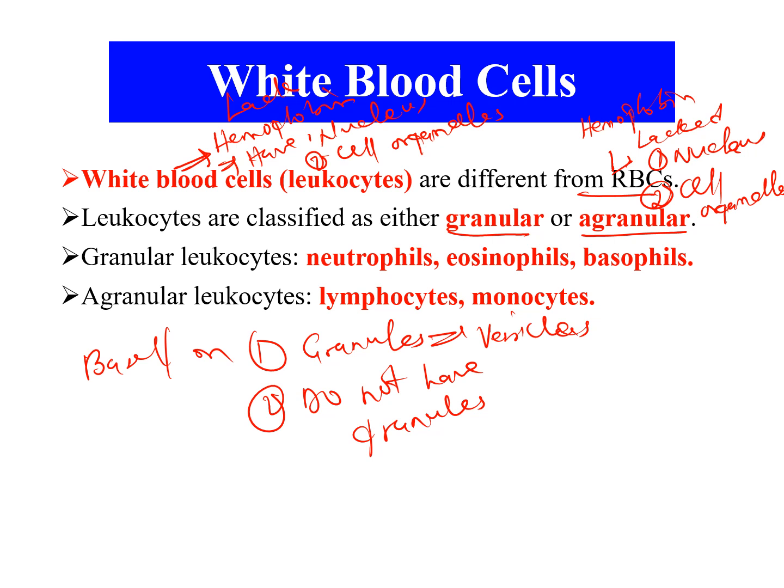For example, these granules can have enzymes, and chemical mediators such as histamine and so on. So if a white blood cell has these vesicles, it is known as granular or a granulocyte. If they don't have these granules, then they are agranular or agranulocytes.